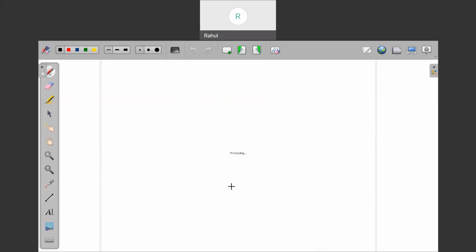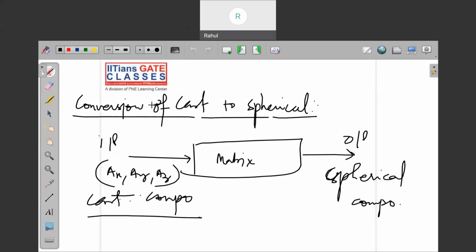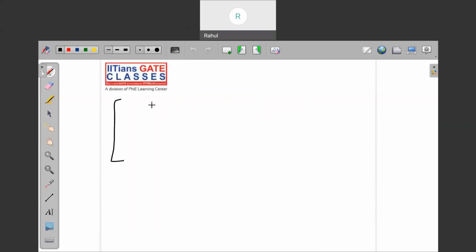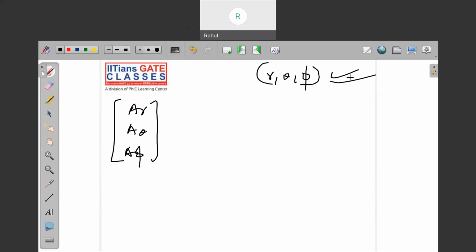So let me write here. What you have to find is the spherical components, so here you can write ar, a theta, and a phi, because r, theta, phi is the coordinate system here.